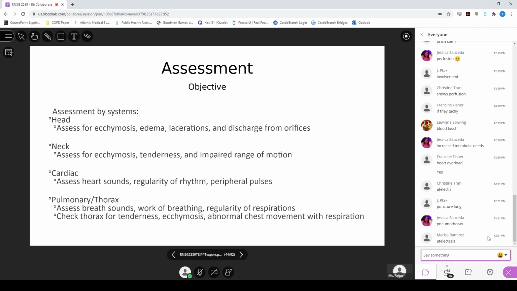I don't know how many of y'all have seen a patient that's come in that has a pneumothorax, it's very pronounced. Their chest only rises on the side that's actually expanding. The other side doesn't move at all. You can see it, but always know that if you have that abnormal or non-symmetrical movement of the chest, you really need to look into it to make sure they don't have a pneumothorax.